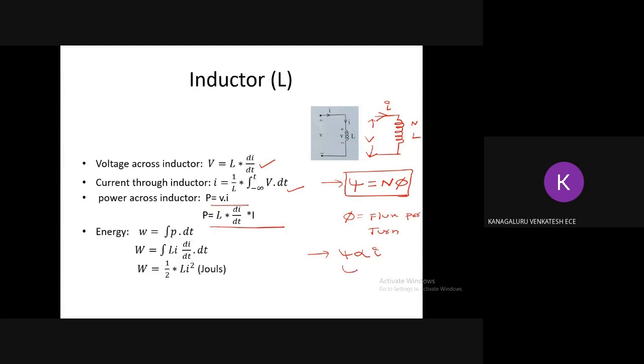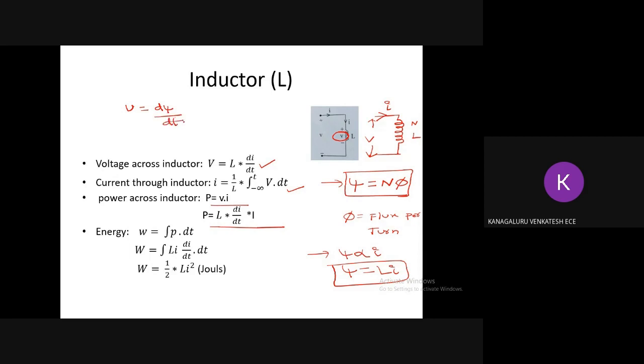So when we remove the proportionality constant, I can take Li, where L is the self-inductance of that coil. Because this flux is produced, some voltage will develop across the coil. I can name that voltage V equal to d psi by dt.